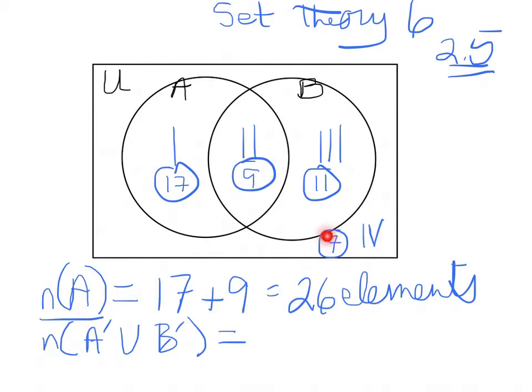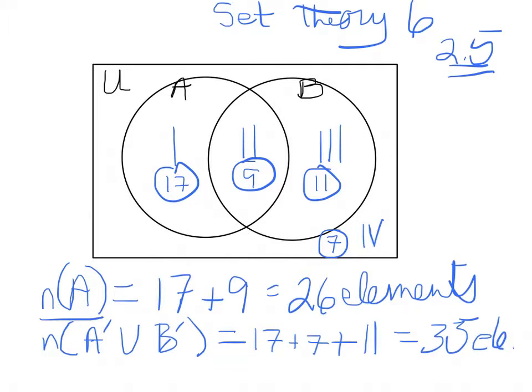However, we've counted this 7 twice, so we need to pay attention to that issue and make sure we only count the 17, then the 7, and we don't want to count that twice, so then we put the 11, and so we add those three together, and we end up with 24 plus 11, or 35 elements.